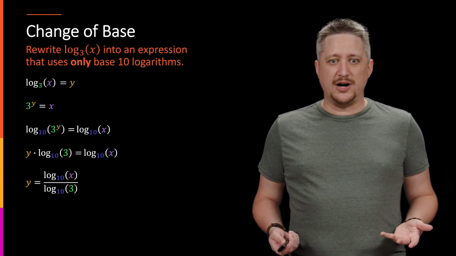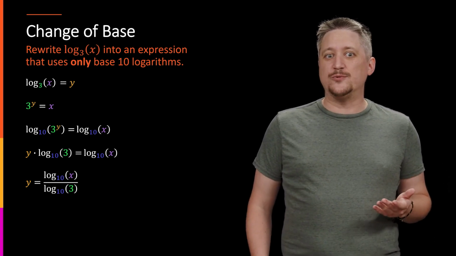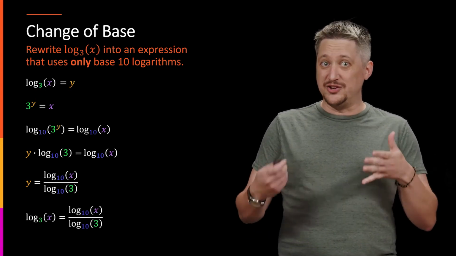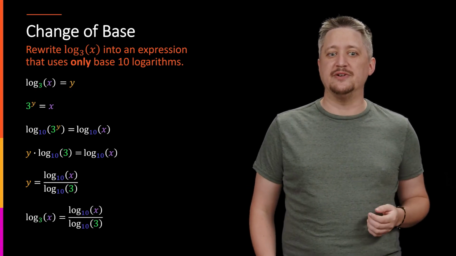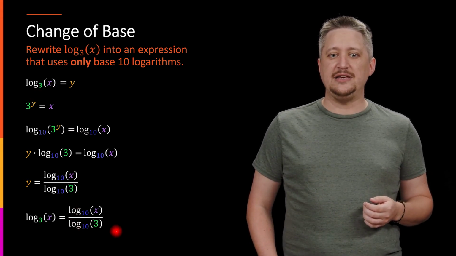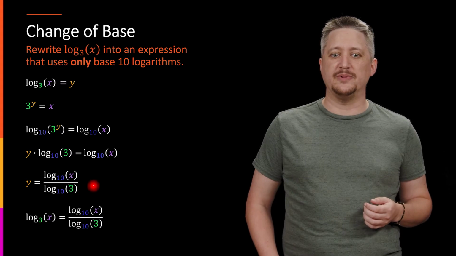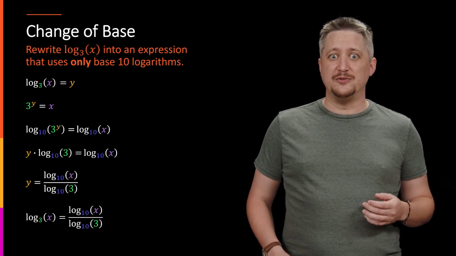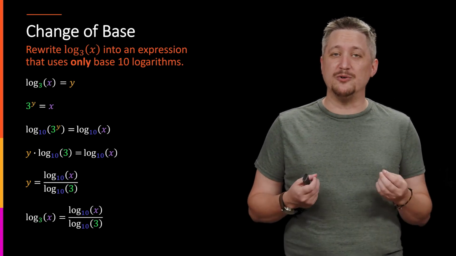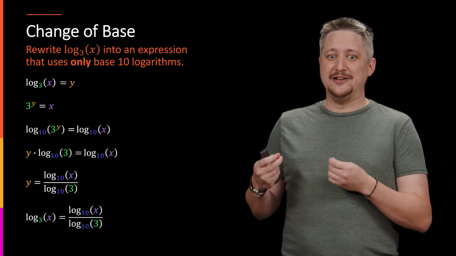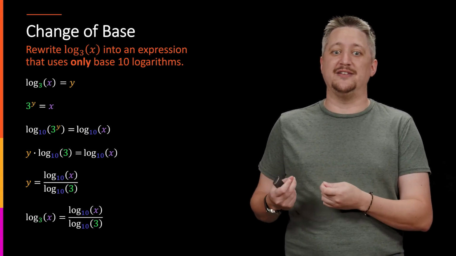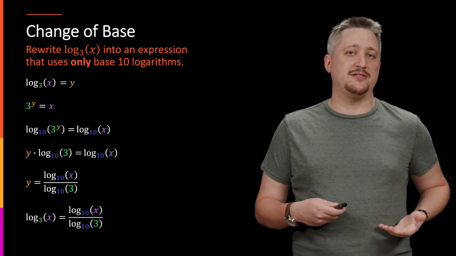But remember, y is the name I gave for that original log base 3 of x. So really, what I've done is I've taken log base 3 of x, this thing that I started with, and now I have it equal to stuff that is just log base 10. I've essentially succeeded. I rewrote this log base 3 of x as a division of things where all my logs are now base 10: log base 10 of x divided by log base 10 of 3.